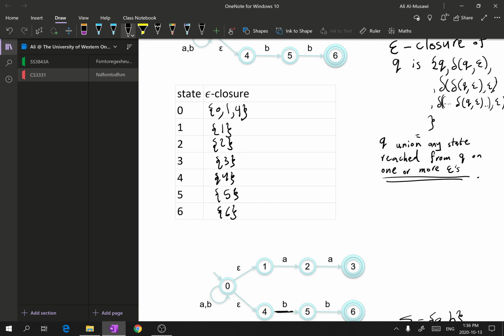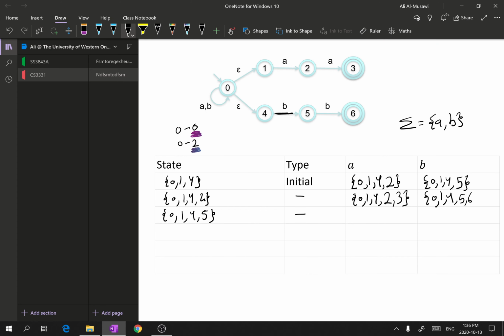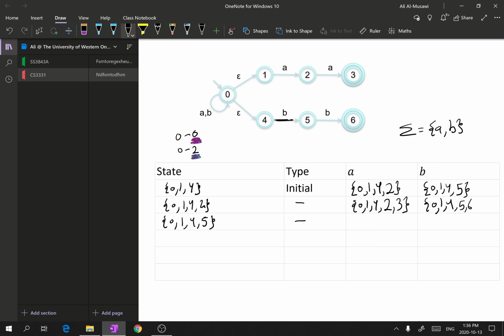You have to always add the epsilon closure of 5 as well. But in this case, again, it's just 5. So 4 to 5, yeah, and that's it. And then 2, well, it does not go anywhere on B, so that's good.